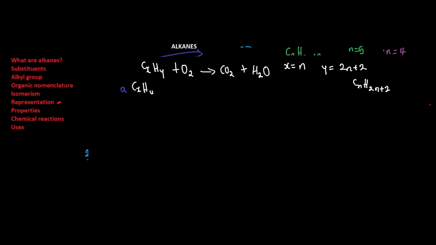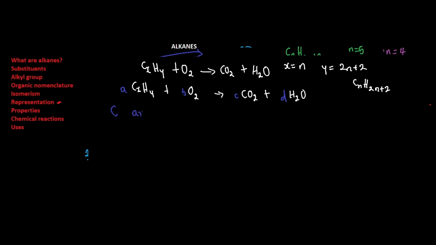So a CxHy plus O2 would give CO2 plus H2O. So I would attach a b here, a c here, and a d here. Now this is the general way to balance a chemical equation or a chemical reaction.